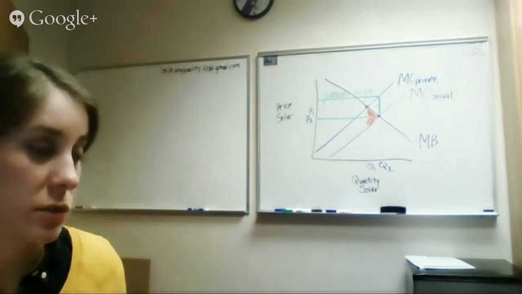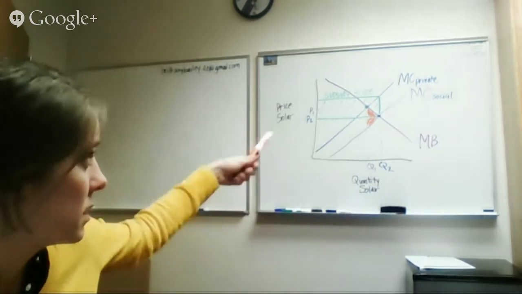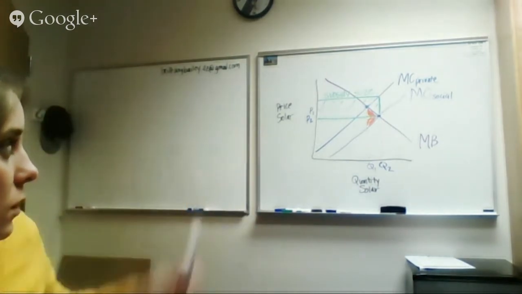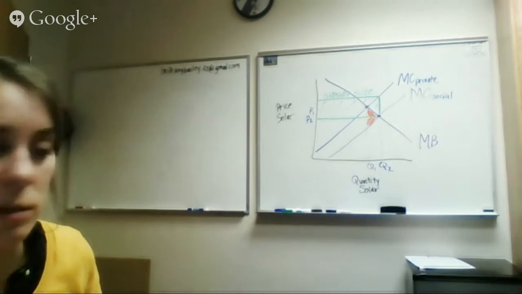Which isn't to say that there's no cost of the subsidy, right? Like the cost is a very large area in comparison to the original dead weight loss. So, you win some, you lose some, I guess.